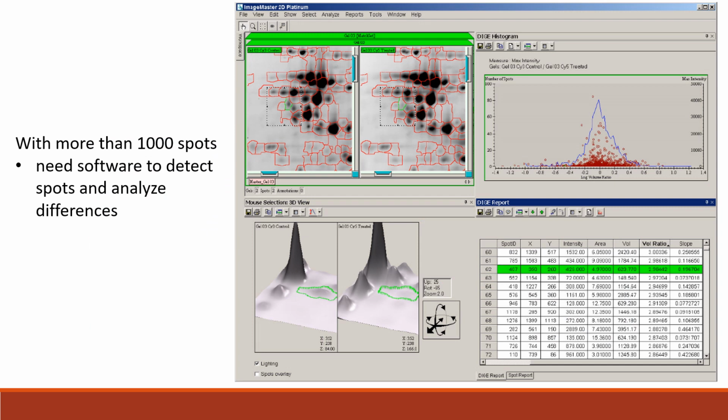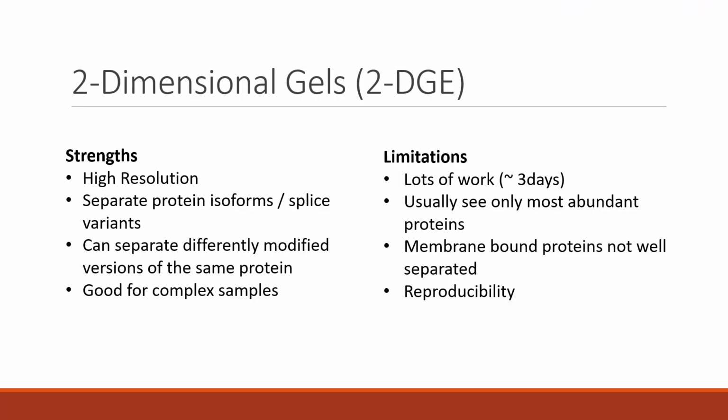So typically we'll use some type of computer, some type of imager to analyze the particular spots and the differences between the two techniques. This is typically how we read these gels.